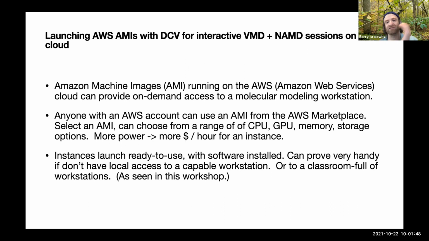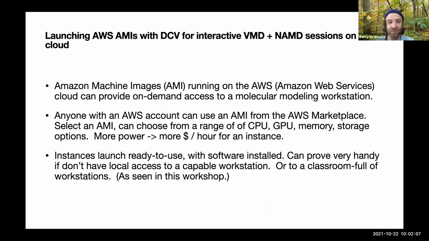And it's possible that yesterday you did some workshop work in the afternoon, some tutorial work that used something very similar, run by a university-based Amazon account. And these services, you can run them yourself.